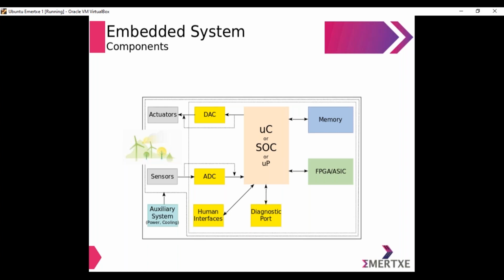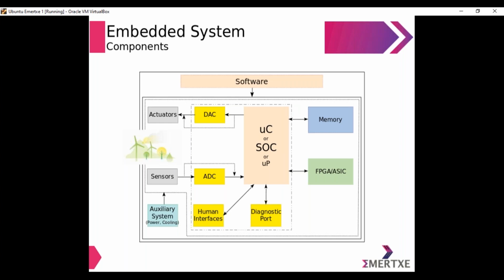Now apart from this, these are just the hardware that you're seeing. Do you think just a combination of hardware performing a specific task is considered an embedded system? No. You have to involve the software along with it. A combination of hardware and software performing a specific task is nothing but an embedded system.